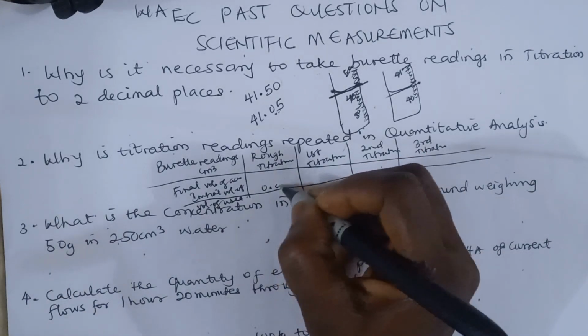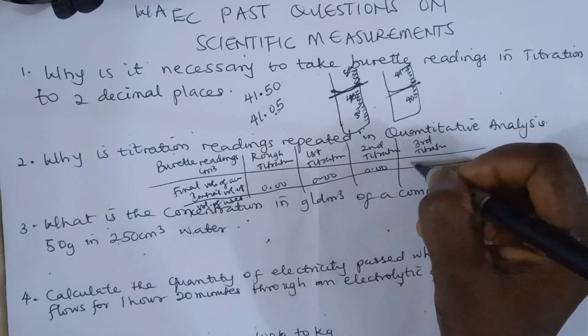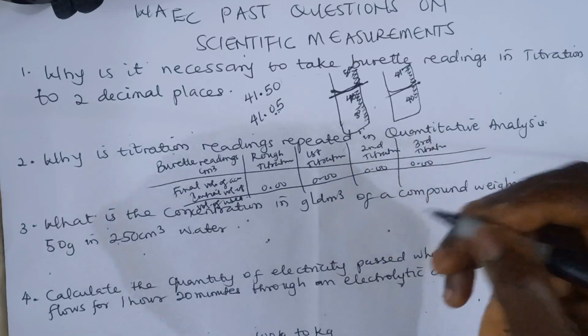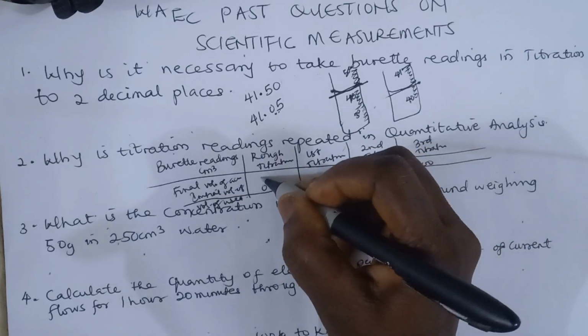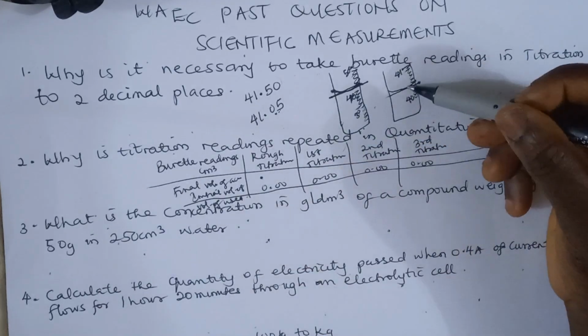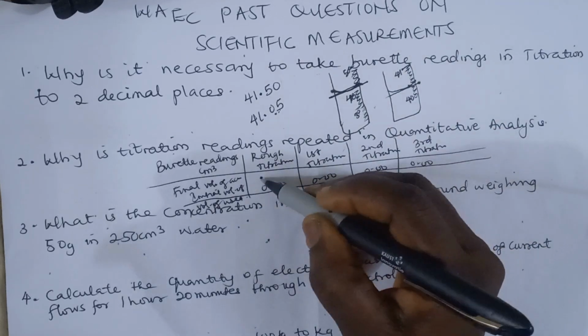So when your initial is 0.00 here, assuming you fill your Burette up to 0.00 at the beginning of every titration, wherever the level of the solution in the Burette gets to, that is where you take your readings. So readings will be here.